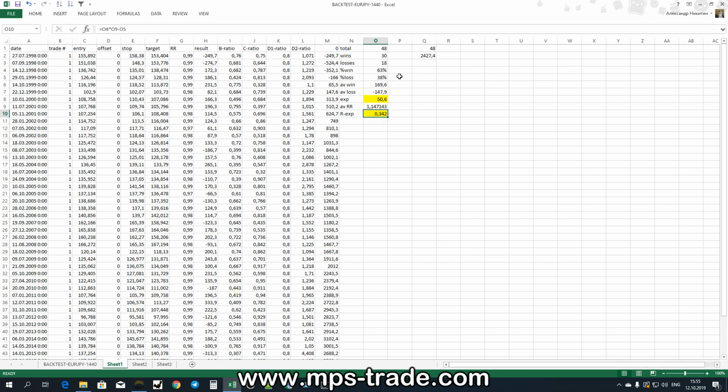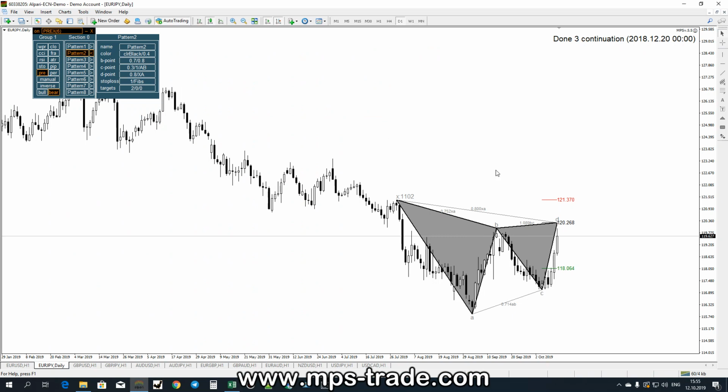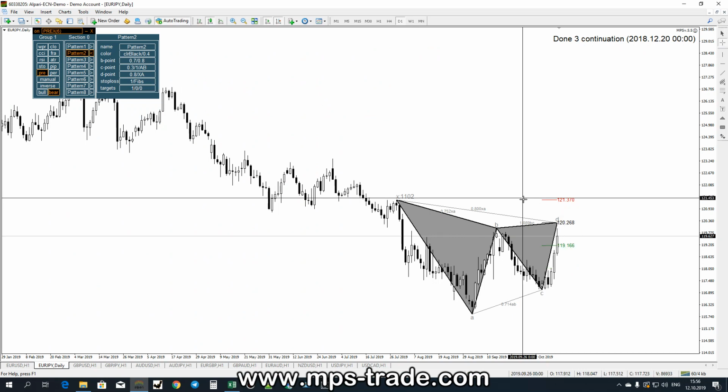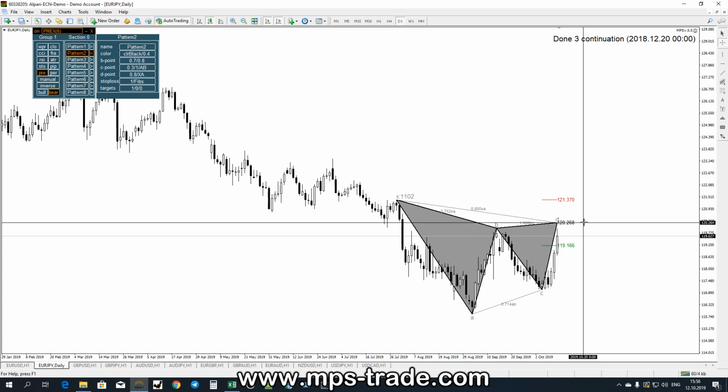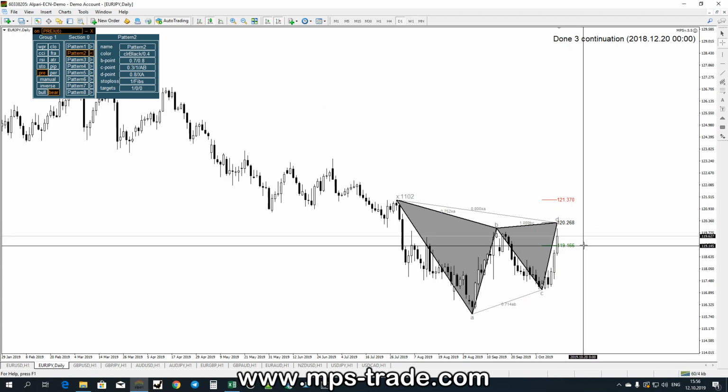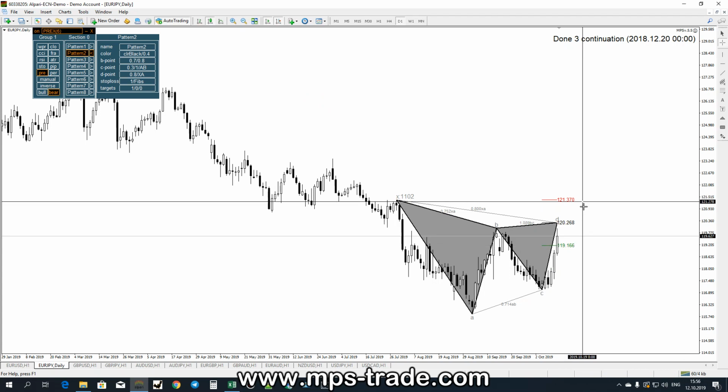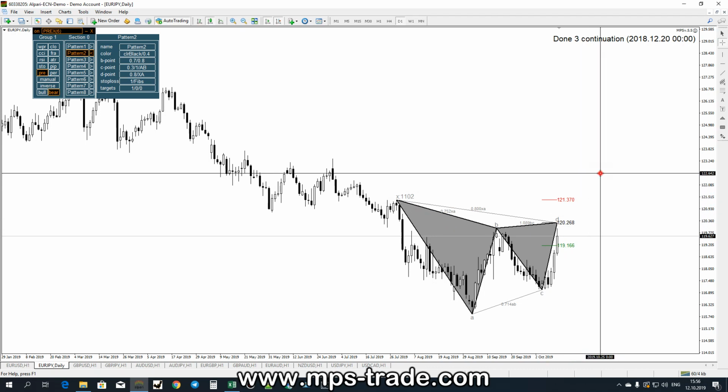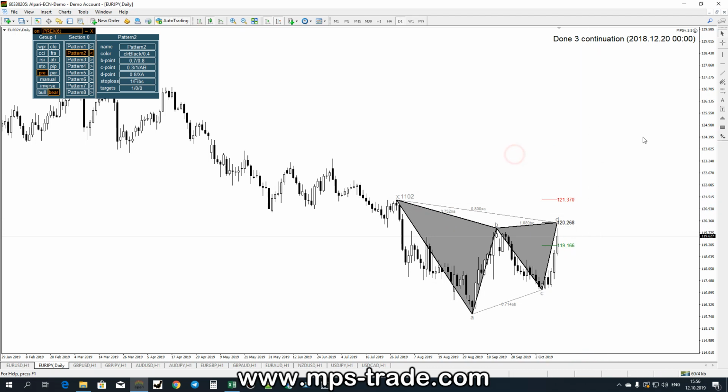Overall it will be positive, you will generate some money, you will win more often, but less than having target 2. Let's change it to target 1 if you would like to trade it this way. So place stop loss at 1, entry at 0.8, and the target at a 1-to-1 risk to reward distance, the same distance as your risk.